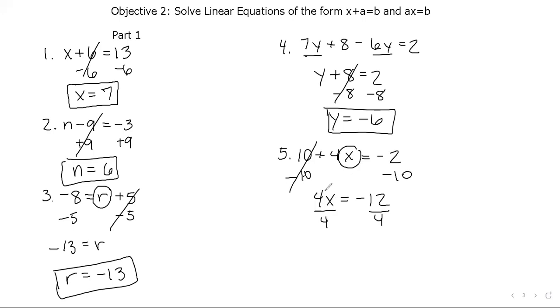And we know that 4 over 4 is going to be 1, okay? So that's going to leave us with that x by itself, which is what we wanted. Over here, we have negative 12 divided by 4, which is going to give us negative 3, okay? So let's move on to part 2.